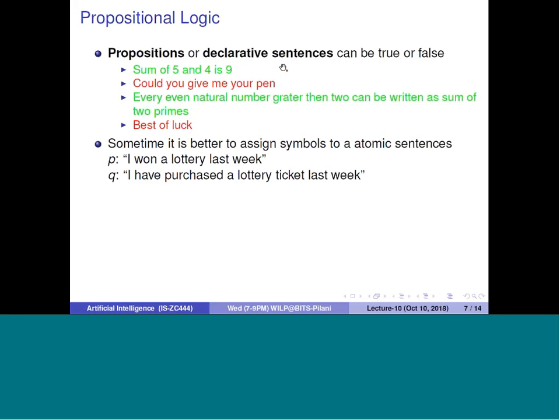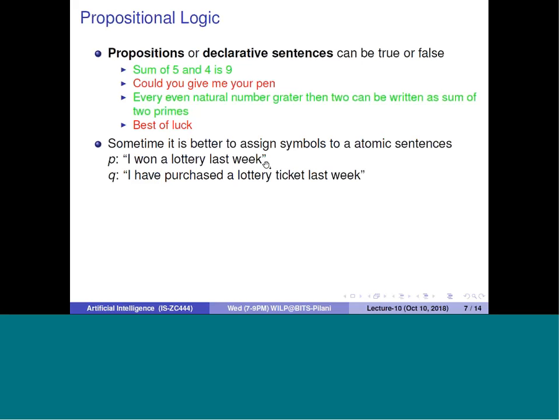All right. Sometimes it is better to represent them using some symbol. Let's assume that we have two symbols, P and Q. P is a sentence. What does P mean? P means "I won a lottery last week." Is it a declarative sentence? Yes. If you have won last week, then it's true. Otherwise, false.